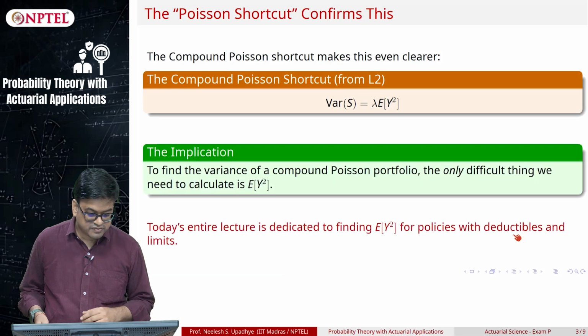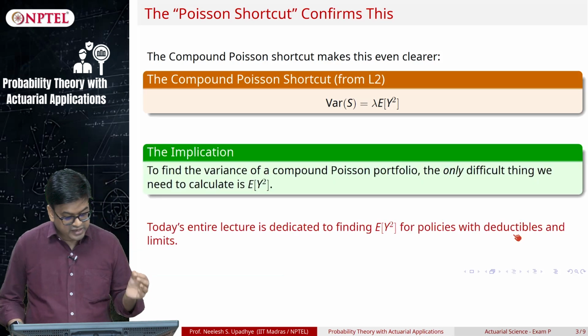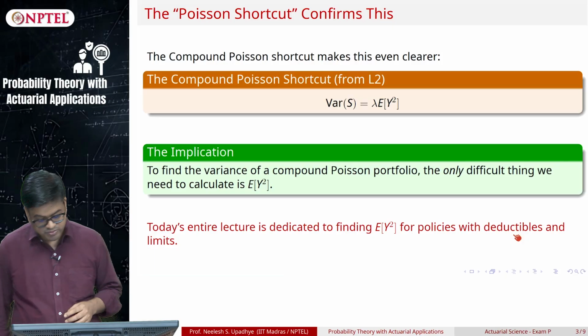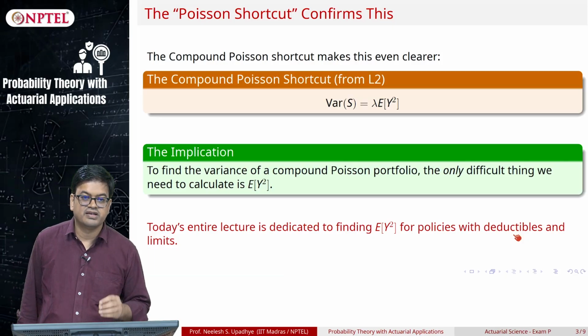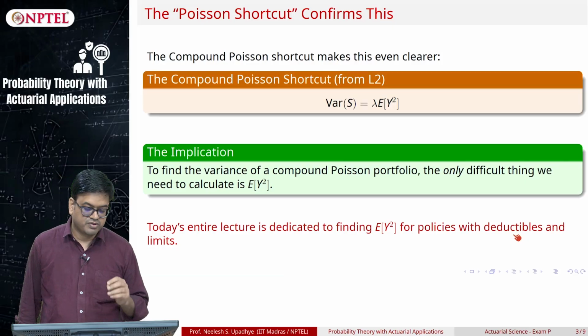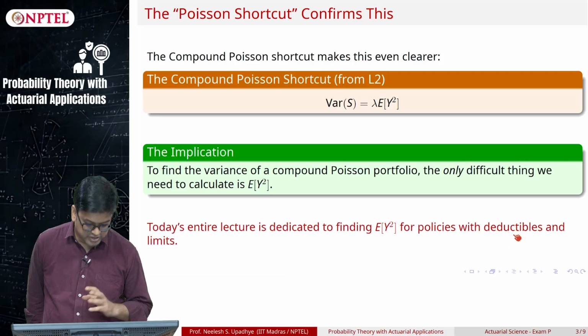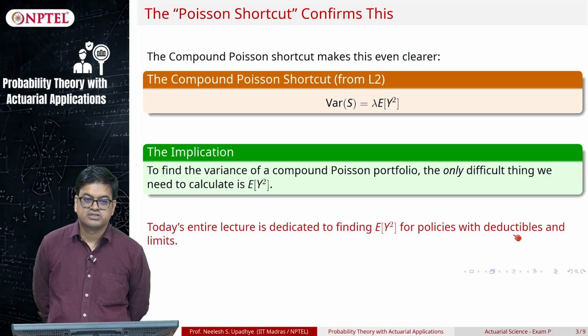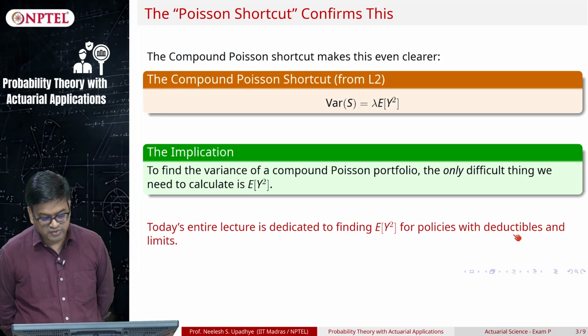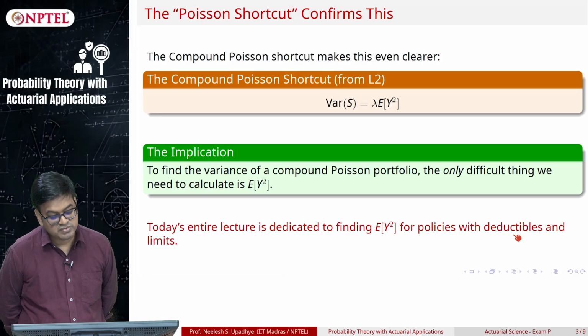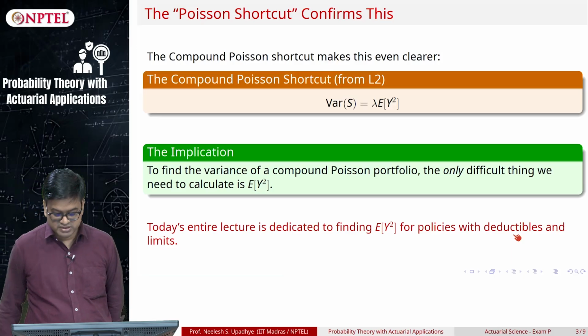The implication is that to find the variance of a compound Poisson portfolio, the only difficult thing we need to calculate is the second moment of our per claim payout, expected value of Y squared. So this lecture is dedicated to finding expected value of Y squared for policies with deductibles and limits.